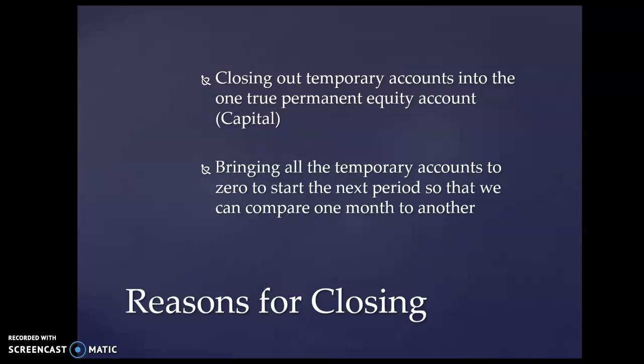As managers, we want to be able to look at February versus March. We also want to look at how much utilities expense we had in February of this year compared to February of last year.